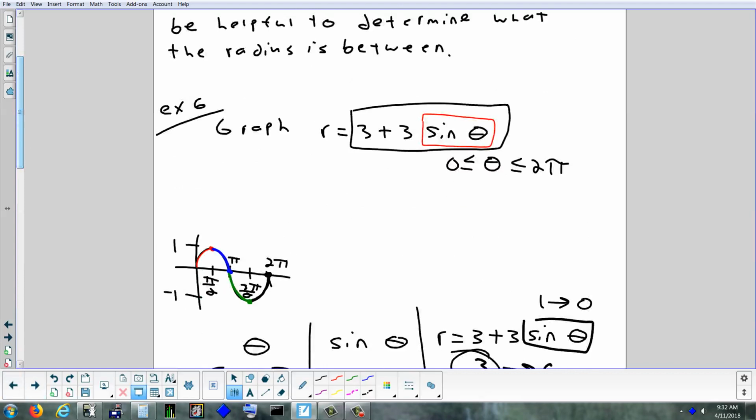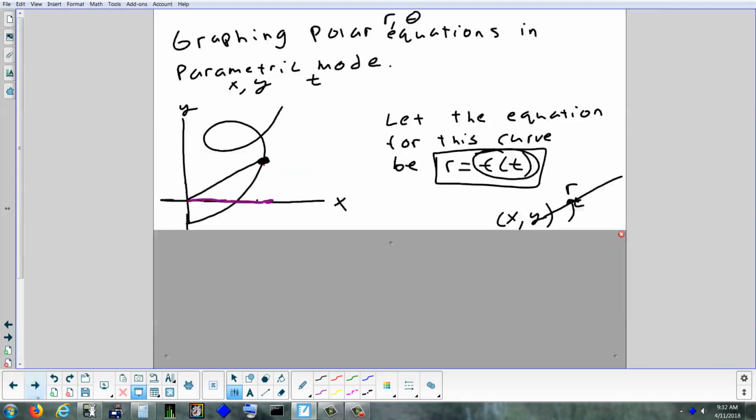To find the radius, plug in 70 degrees, take the sine, triple it, and add 3. And that's the radius. So all you have to do to find your radius is use your equation. So they'd give you some equation in polar, whatever it is, plug in whatever angle you have, and that'll tell you the radius.